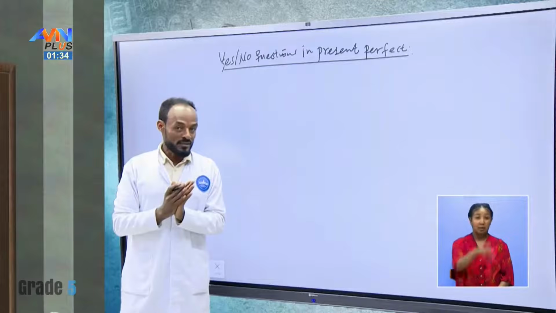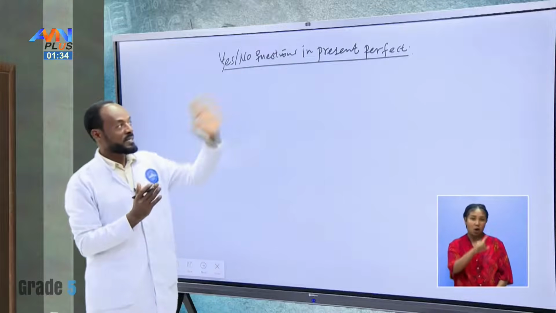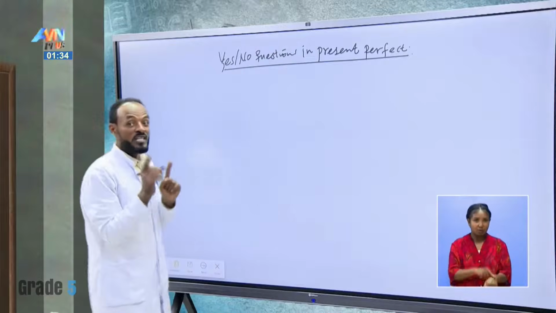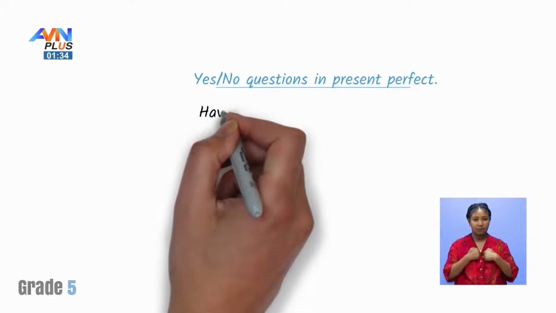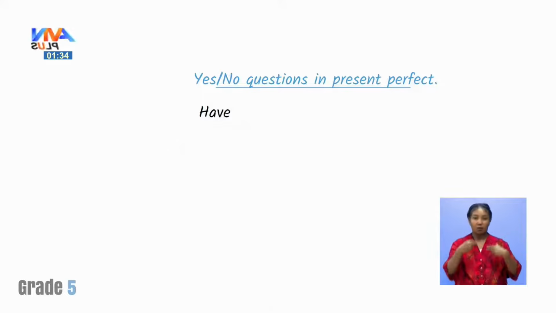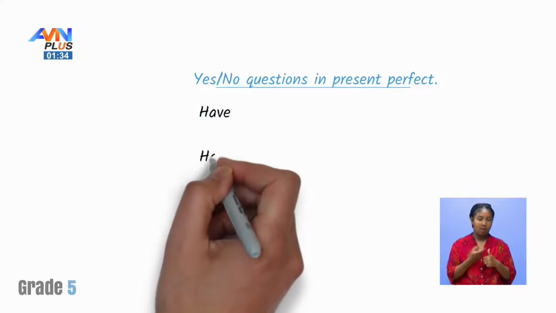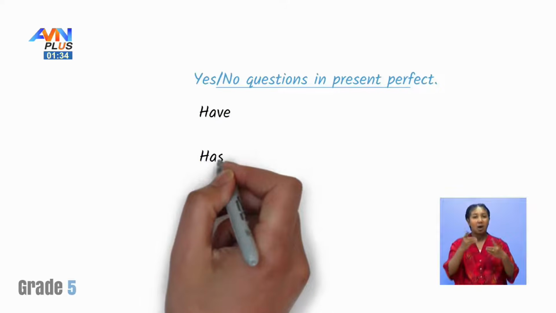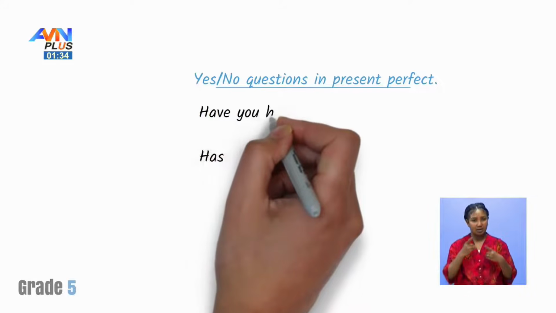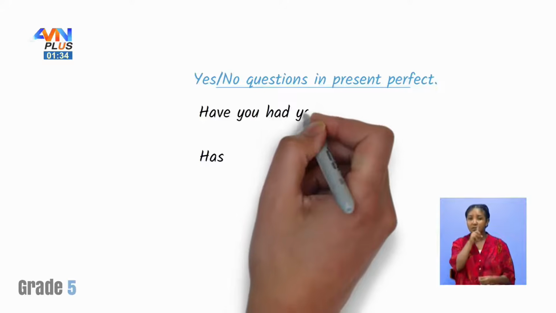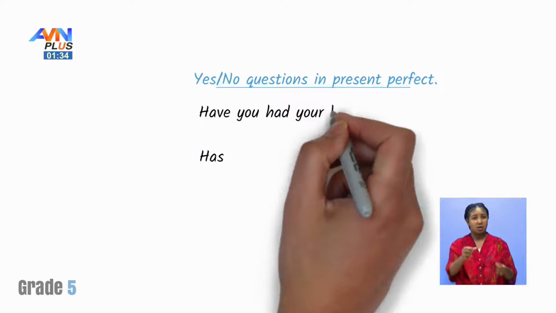Yes or no questions. In present perfect tense, you have to start from have or has. Okay? Have you had your lunch? Look. Have you had your lunch?